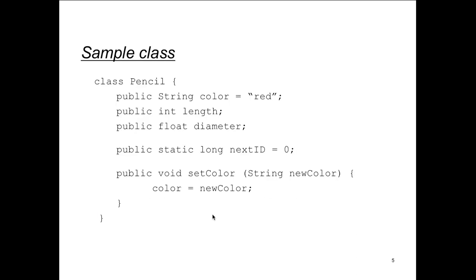So if you're coming from square one, this goes in a file called Pencil, P-E-N-C-I-L, with a capital P, .java. When we compile it, we run javac Pencil.java, the name of the class .java, and it creates what's called a class file with a .class extension. Different from C++, there's no exe file.